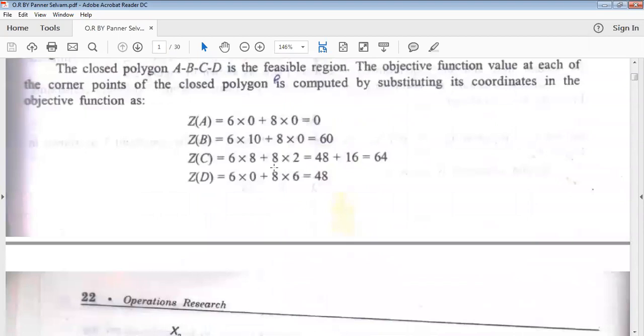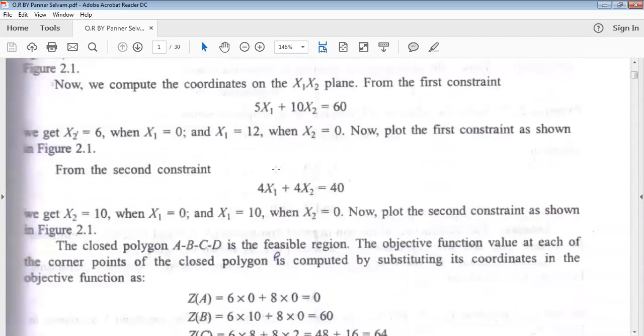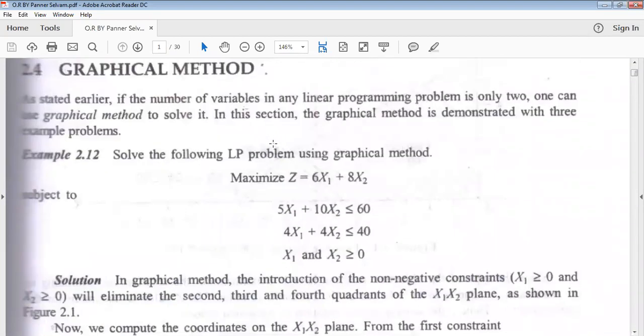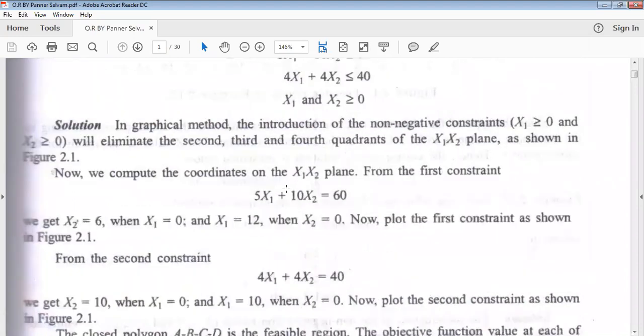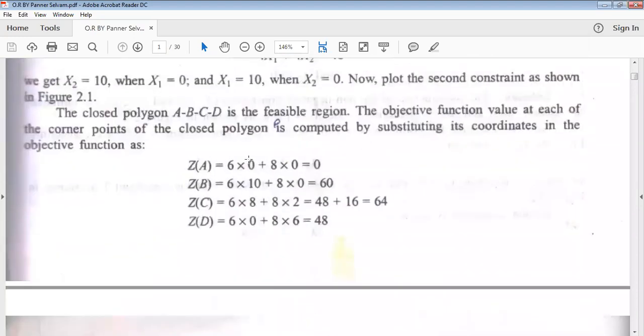And if you substitute, what is the maximization equation? Maximize Z = 6x1 + 8x2. So you have to substitute all the ABCD points in this equation. For point A, which is 0, 0, 6x1 + 8x2 automatically comes to 0.